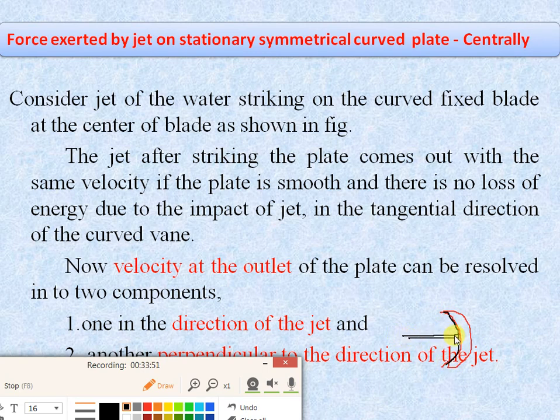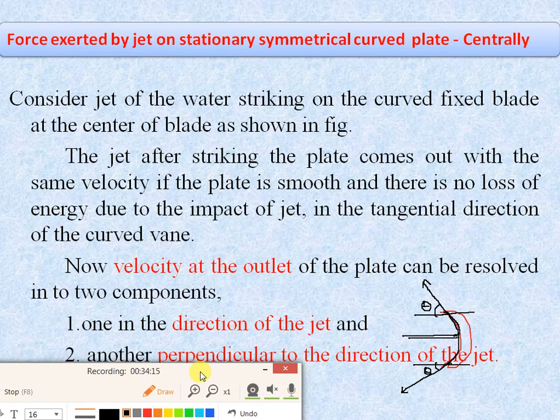When water strikes the inner surface of the blade, it glides smoothly over the inner surface and leaves along this direction, which is the blade tip angle. So this angle is theta. In this case the blade tip angles are the same on both sides.